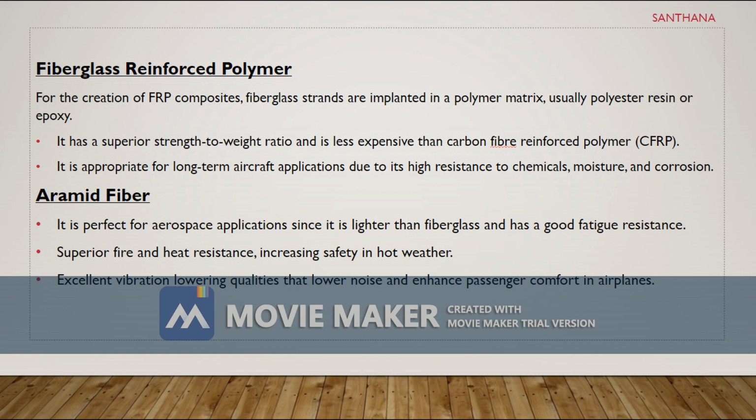On top of that, it has excellent vibration dampening properties, which help reduce noise and enhance passenger comfort during flights. Both of these materials contribute significantly to modern aircraft design, offering durability, safety, and efficiency.